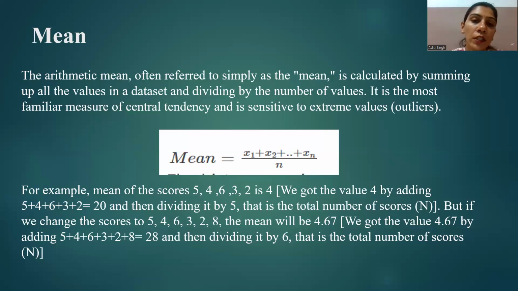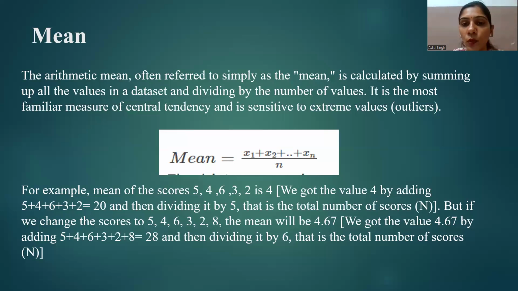But if we change the scores to 5, 4, 6, 3, 2, and 8, the mean will be 4.67. In this case, we got this value 4.67 by adding 5, 4, 6, 3, 2, and 8.